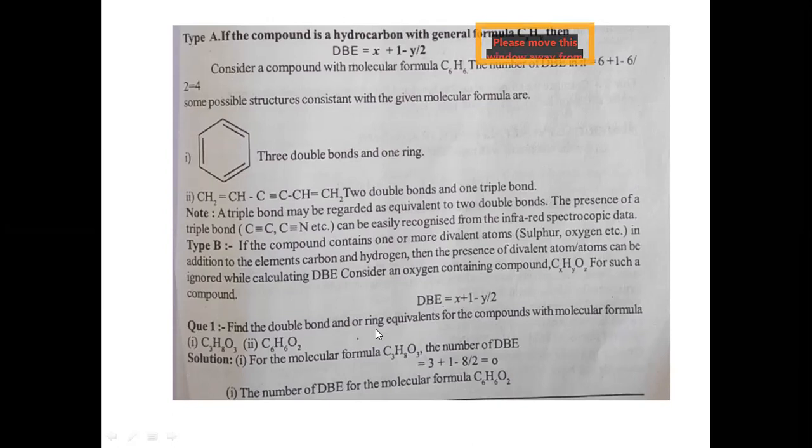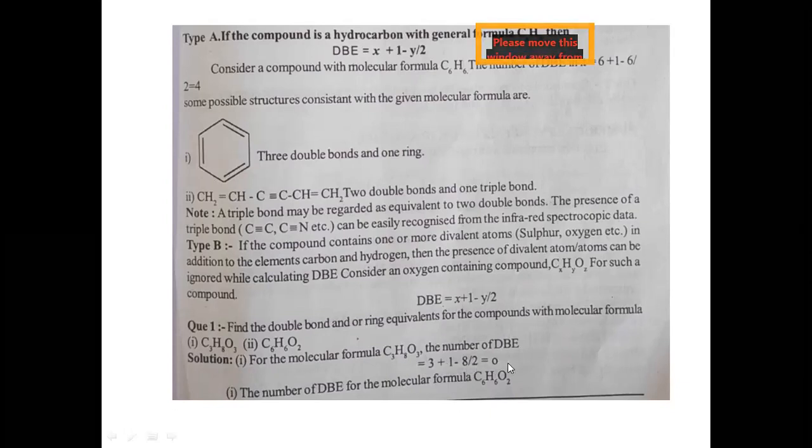Now find out the double bond or ring equivalence for the compound with molecular formula C3H8O3. Let us calculate: 3 plus 1 is 4, minus 8 upon 2, which is 4.